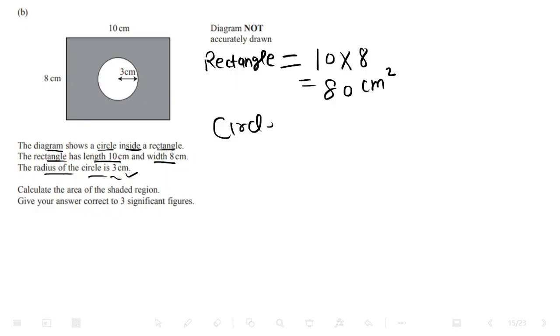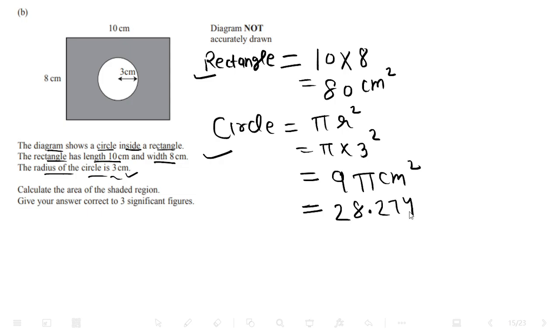Now if we convert this into decimal, it is 28.274338 and so on centimeters square, right? Now we have to find the shaded area.